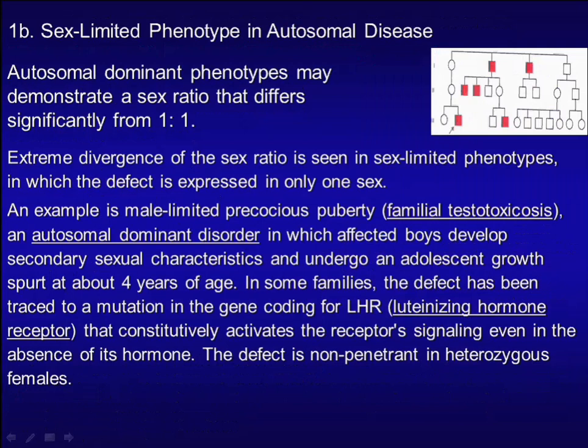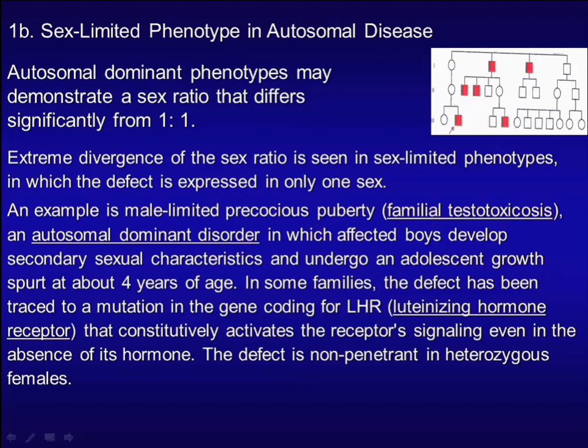Second situation in which variation occurs is sex-limited phenotype in autosomal disease. As shown in this pedigree, an autosomal dominant trait is passed from a man to his boys, but not to girls. An example of sex-limited phenotype is familial testotoxicosis, an autosomal dominant disorder.